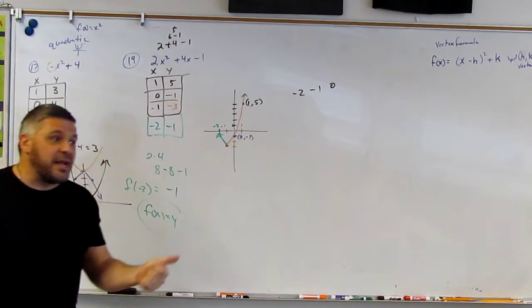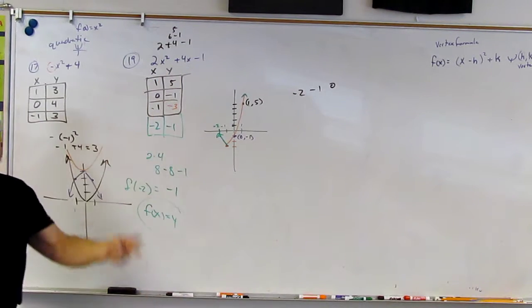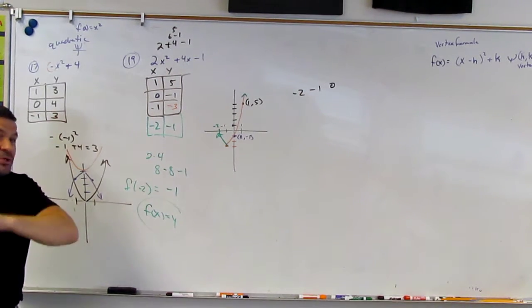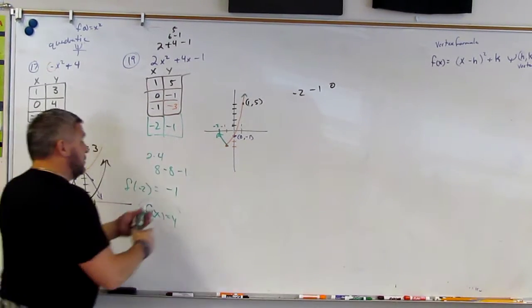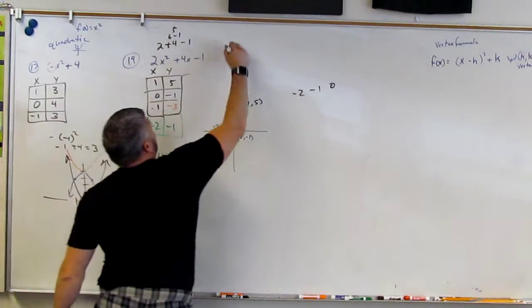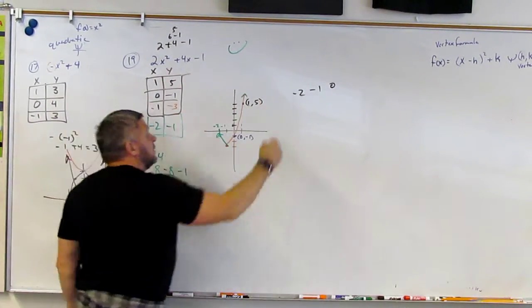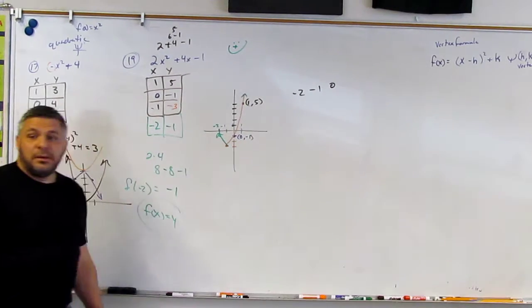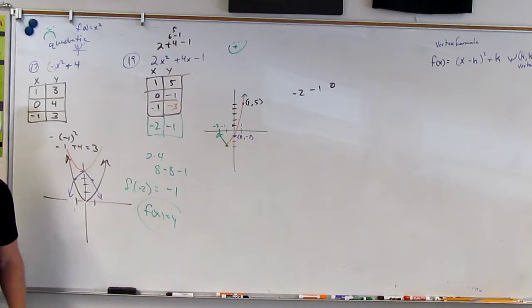Those are some things we're going to have to know just by looking at it. 1, it's a quadratic because it has a 2 as an exponent. 2, it smiles or it frowns. We should just know that every time. It smiles because it's positive. It frowns because it's negative.